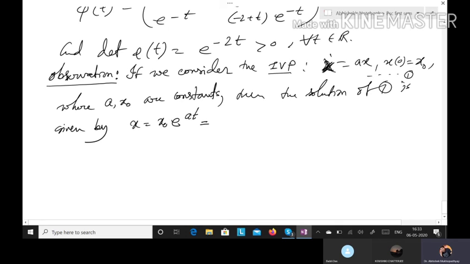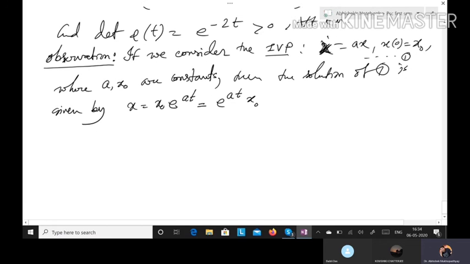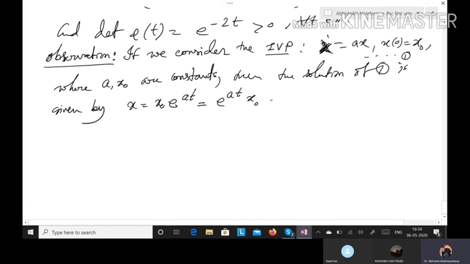But we will write this as e to the power at x naught, which will be clear whenever we are doing the same thing in a linear system, capital X dot equal to A X. Just look at this, this is 2.